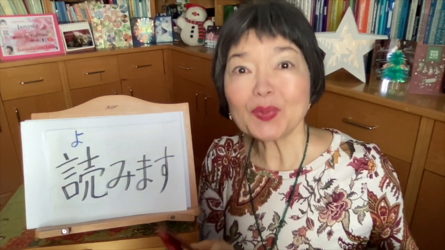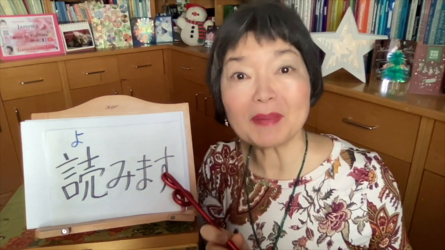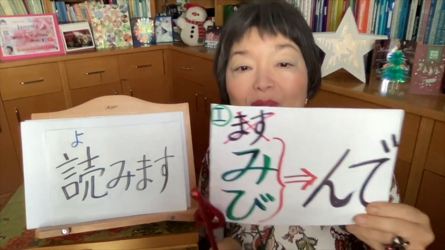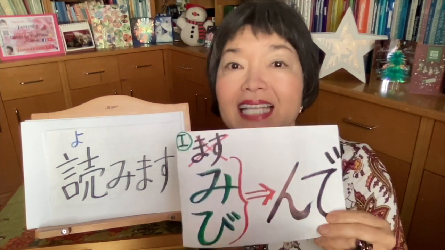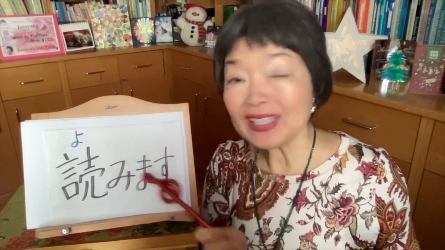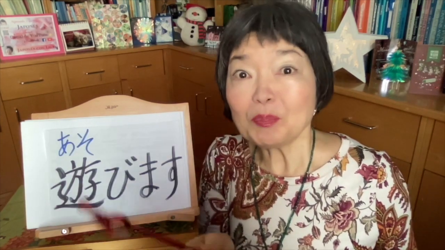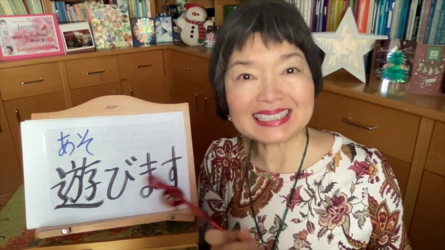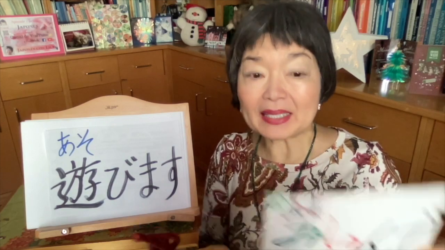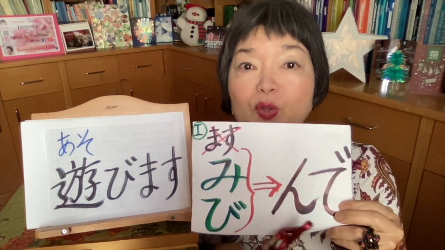Now the example with mi sound just before mas. 読みます, to read. Mi and bi change to nde. So 読んで, read. Now bi sound just before mas. 遊びます, it means to play. Mi and bi change to nde.